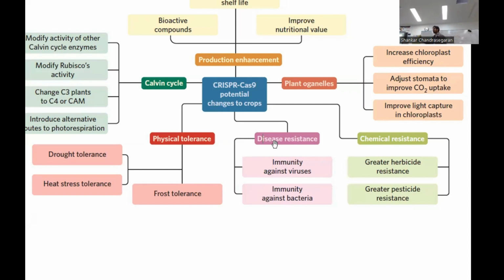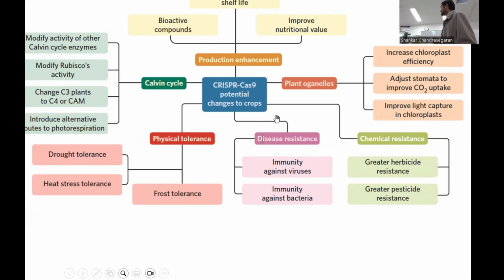So it's a toxic pesticide that the plants themselves make. Another thing you could do is increase resistance to different herbicides and pesticides, by modifying them so that they are not going to absorb those dangerous chemicals. They are able to survive or even use those chemicals for their own benefit.